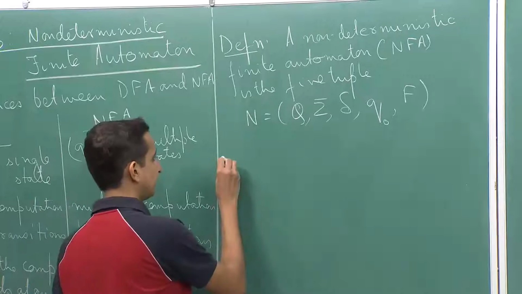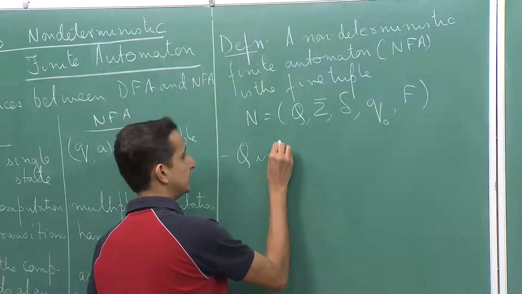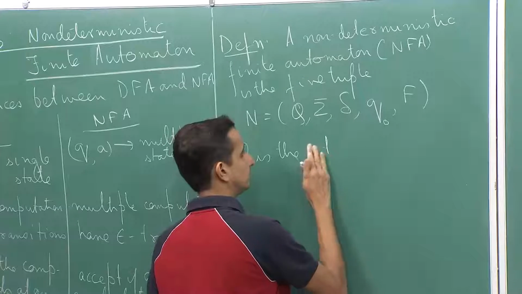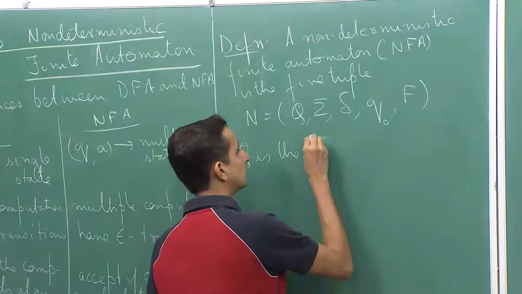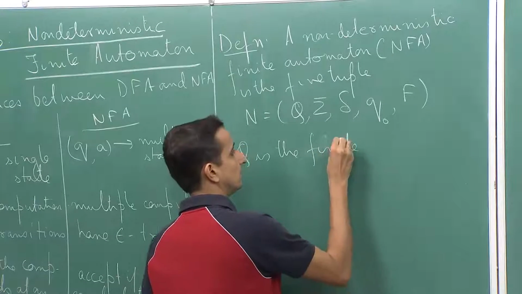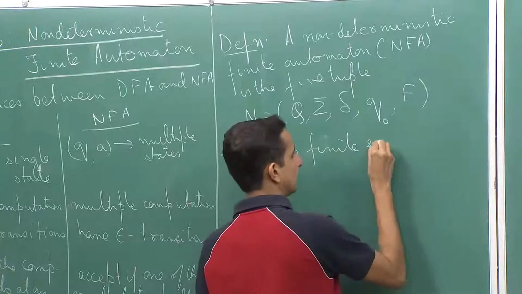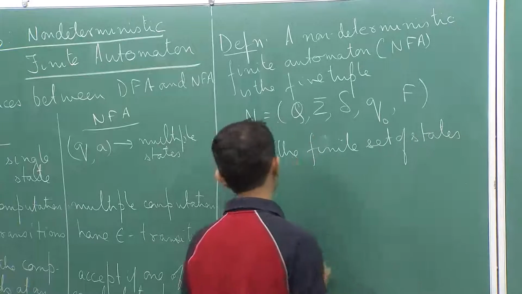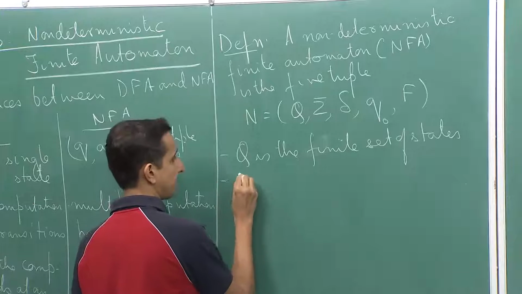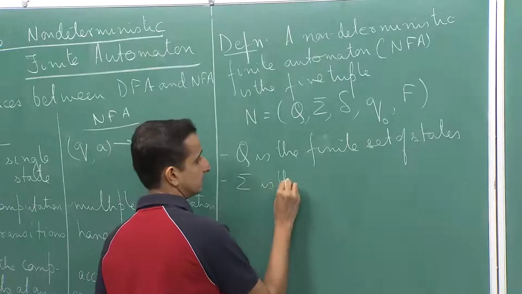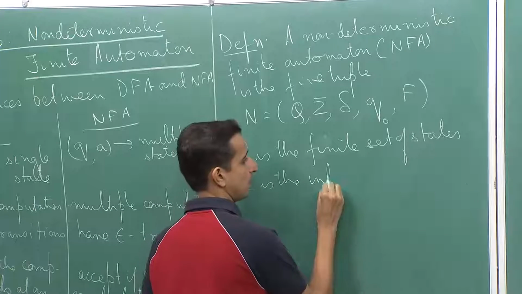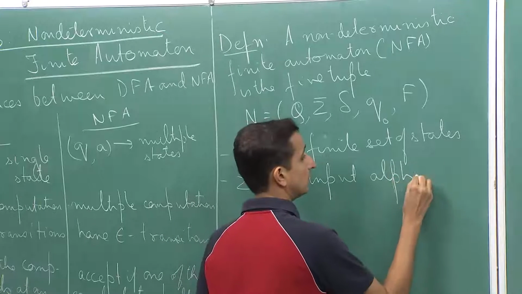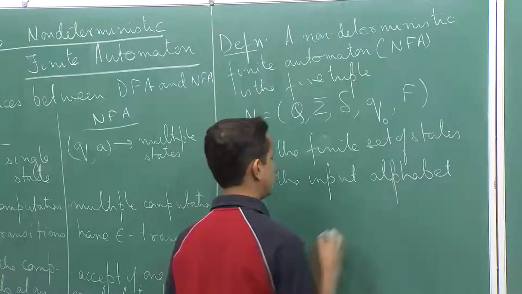Where Q is the finite set of states, Sigma is the input alphabet.